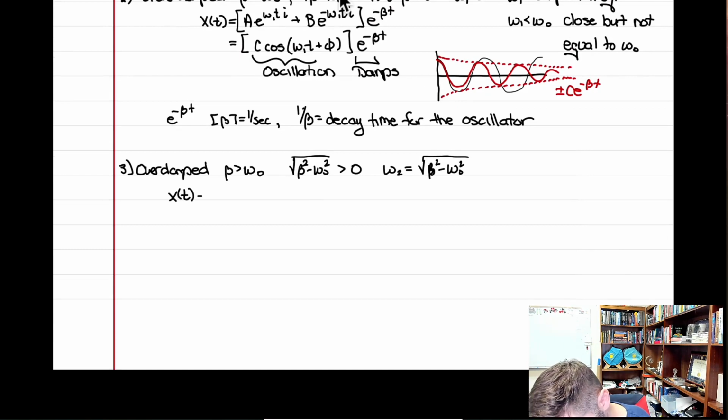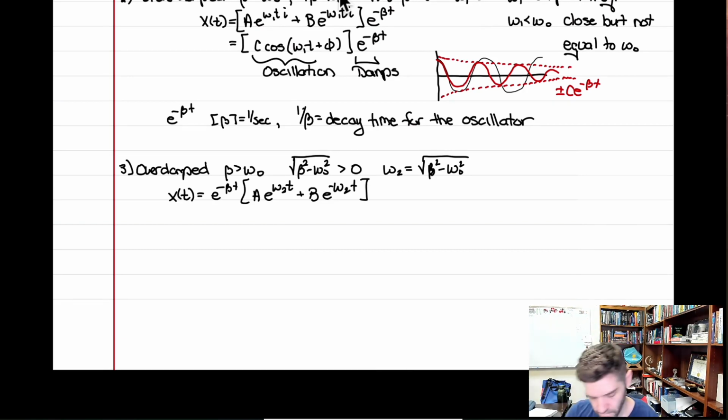Turns out, though, that thinking of it as a frequency really doesn't matter, because when you write the general solution, there's the e to the minus beta t, and then there's a e to the omega 2 times t plus b e to the minus omega 2 times t. But again, since omega 2 is less than beta, that overall e to the negative beta wins out.